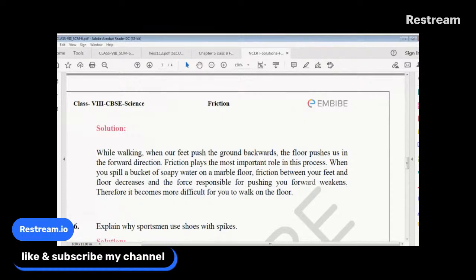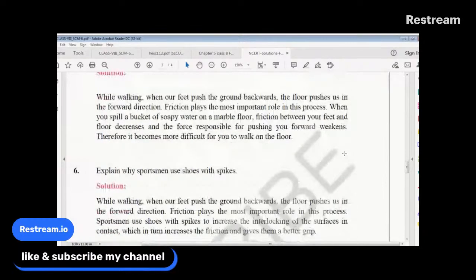So friction plays the most important role in this process. Also, sportsmen use shoes with spikes to increase the interlocking of the surfaces in contact, which in turn increases the friction and gives them a better grip, right?